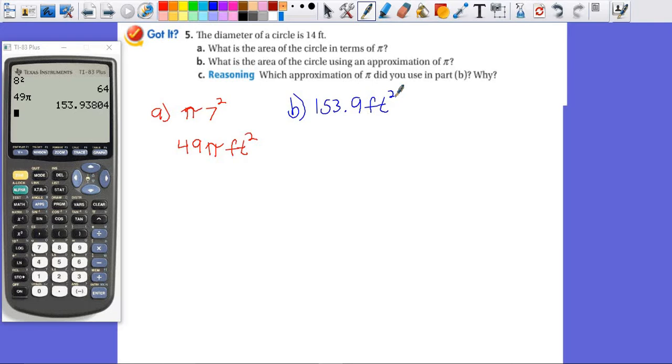Hopefully, you used the pi button, but if you used 3.14, your answer would be off. This is the reason we always use the pi button unless they tell us otherwise. If you did 49 times 3.14, your answer would be slightly different. You would have probably rounded to the same answer, but you notice there's a difference between those two. So we always want to use the pi button unless they tell us otherwise.